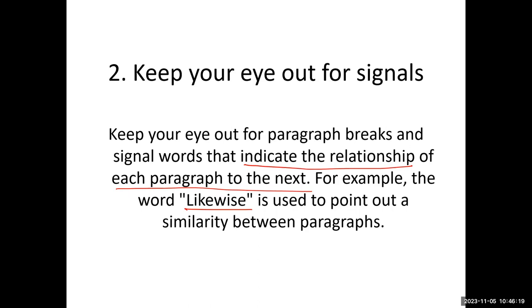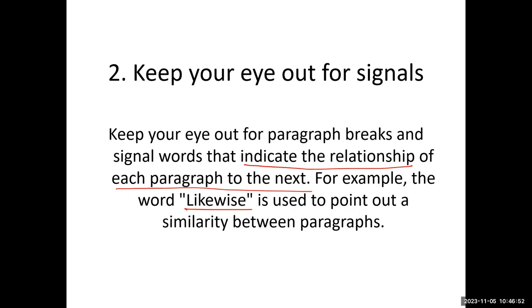So to get a bird's eye view of each paragraph, you need to keep your eye out for these signal words, because then you will understand, okay, the first and second paragraphs are talking about the pros of this theory. What are the advantages of this theory? And then he starts the third paragraph with the word nonetheless. So the third paragraph changes the direction, and it is talking about the disadvantages of this theory.